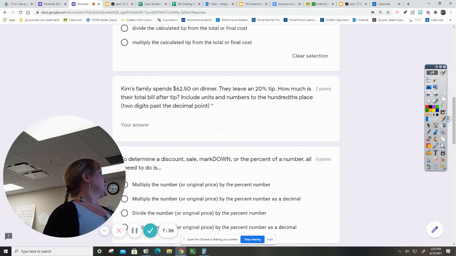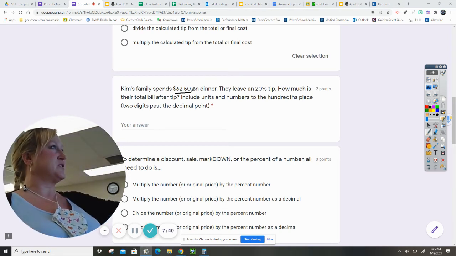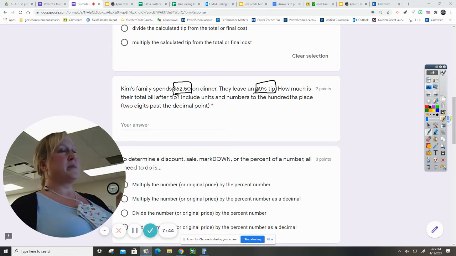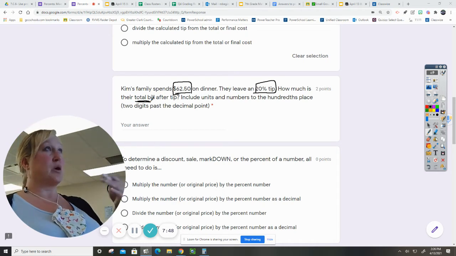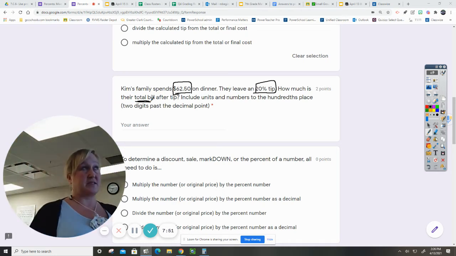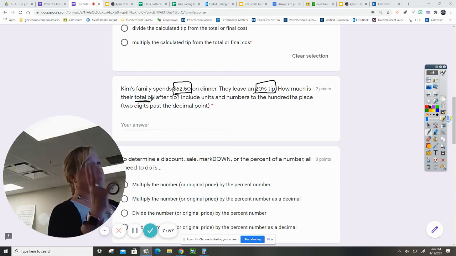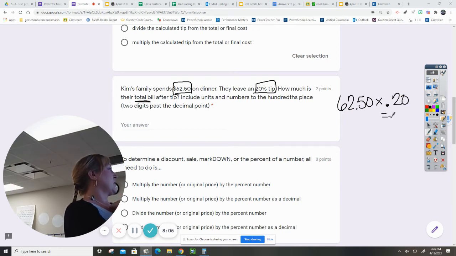We're going to go a little bit more. So this one is Ken's family spends $62.50 on dinner. They leave a 20% tip. How much is their total bill after tip? So that's kind of like the question that we just asked. We are adding a tip, but the first thing that we have to do is calculate that tip. And to calculate that tip, we take $62.50 times the percent as a decimal to figure out what the tip is.